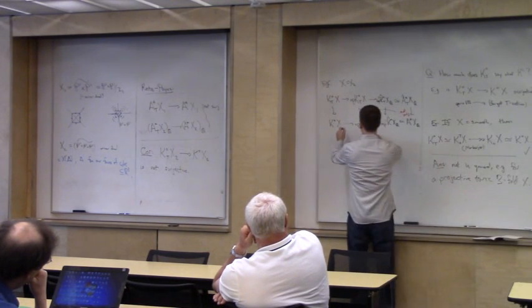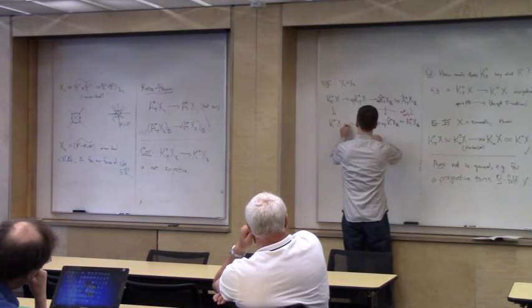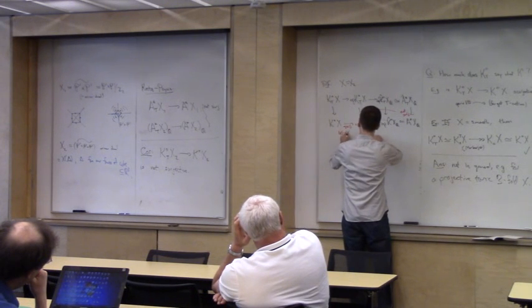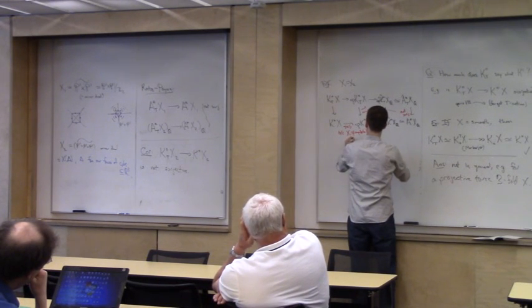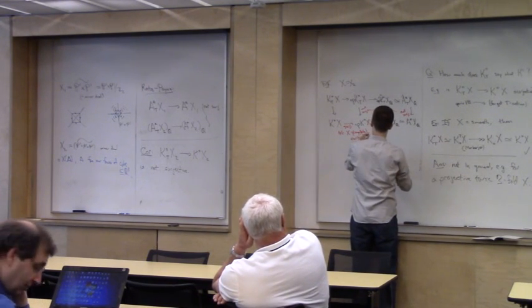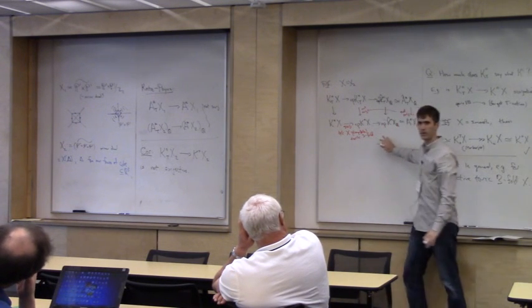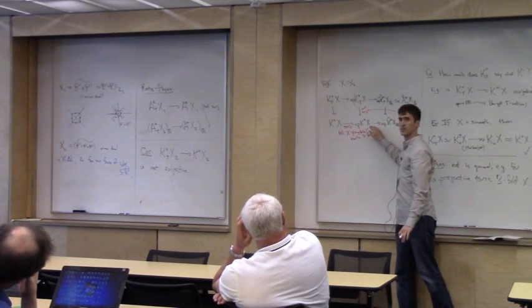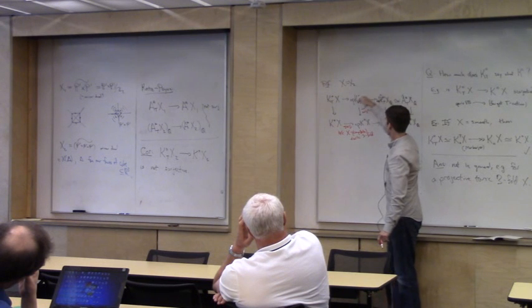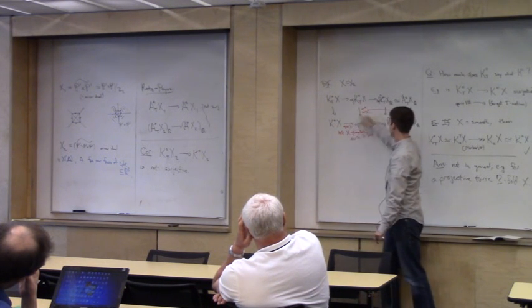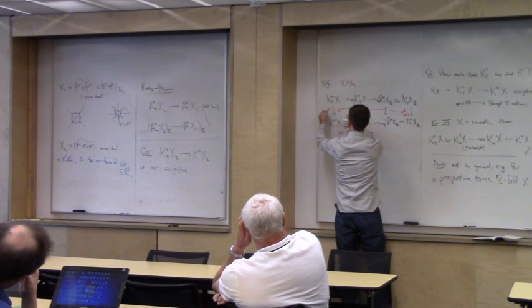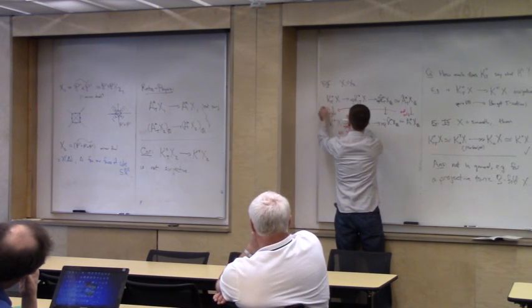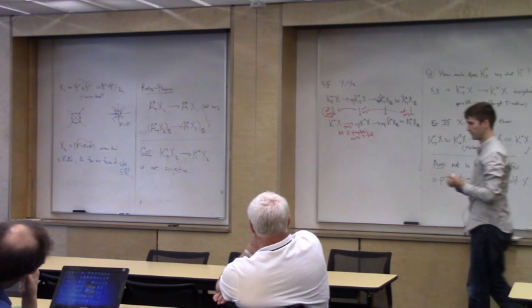But this map is surjective because X is, well, it doesn't actually have to be complete, but it's a toric threefold. And one of the earlier results I mentioned said that this map was surjective. So this map's surjective, this map's not surjective. That implies that this is not surjective. That's the proof.